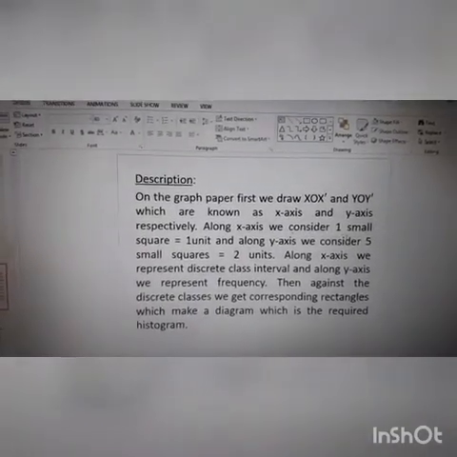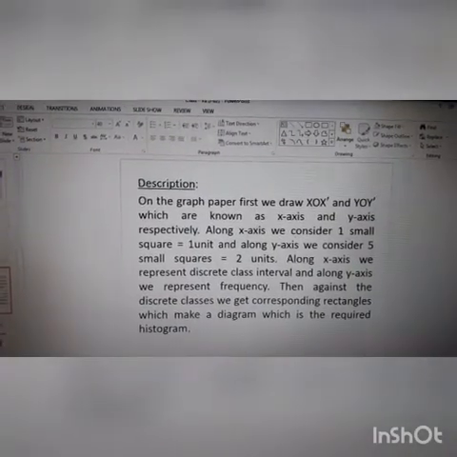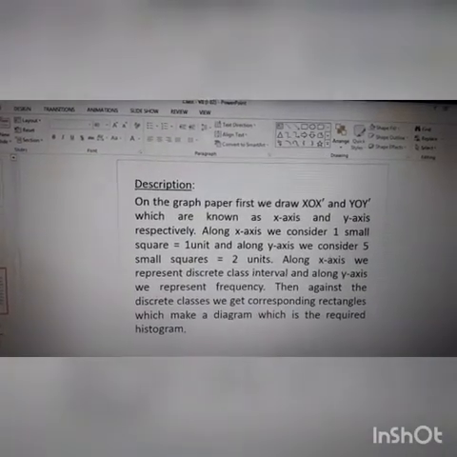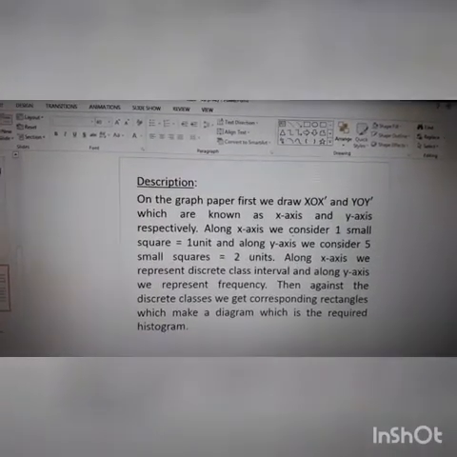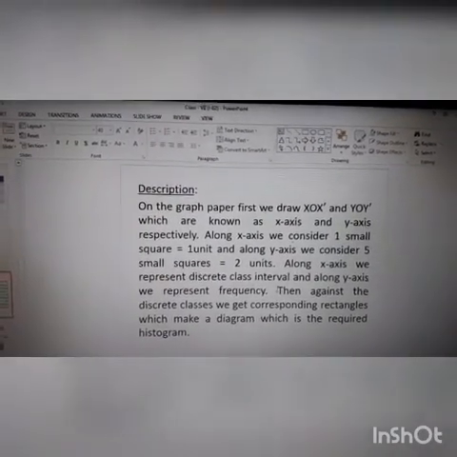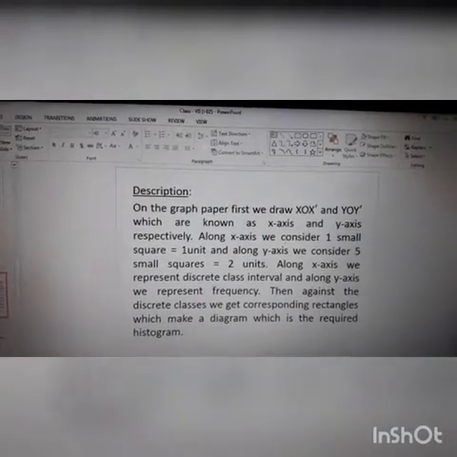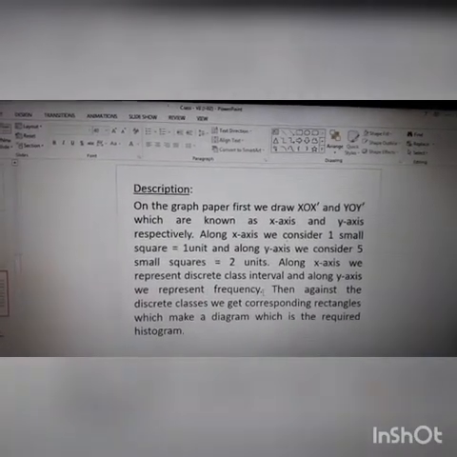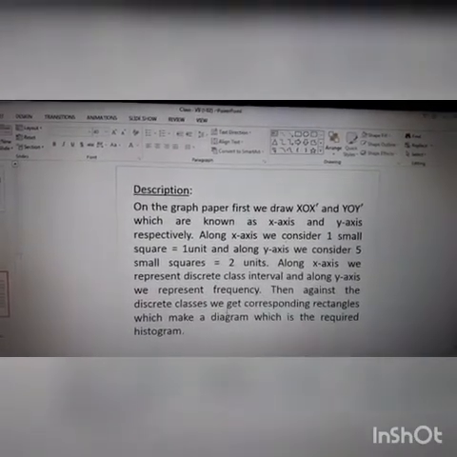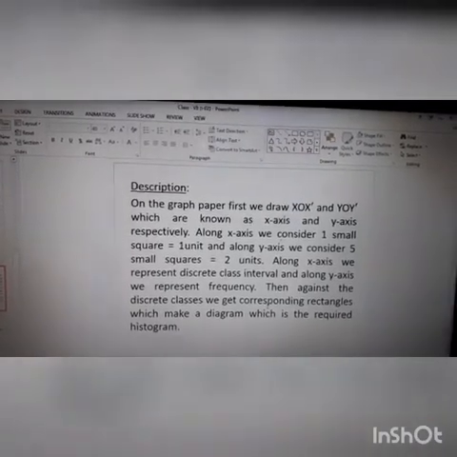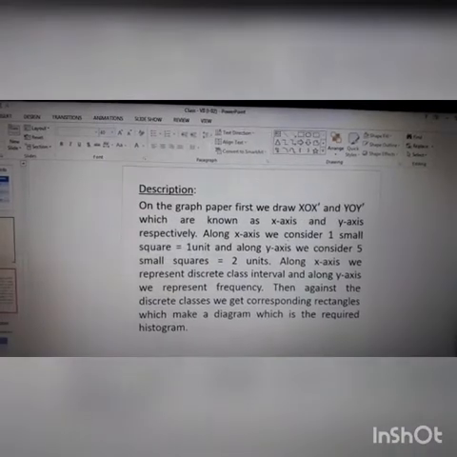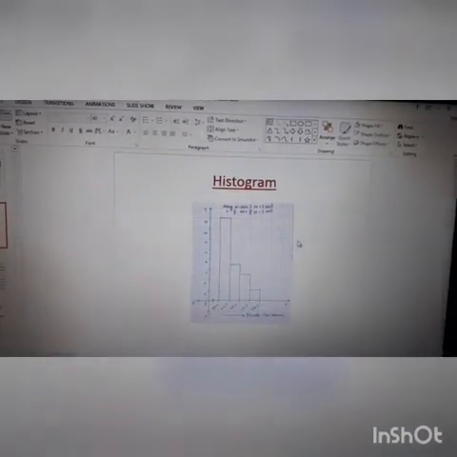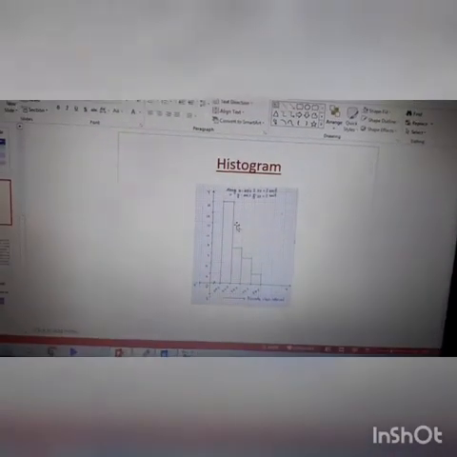Here we considered 1 small square equal to 1 unit along the x-axis, and along the y-axis we considered 5 small squares equal to 2 units. Along the x-axis we represent the discrete class intervals, and along the y-axis we represent the frequencies. Then against the discrete classes we get corresponding rectangles which make a diagram, that is the required histogram. This is the required histogram according to the table.